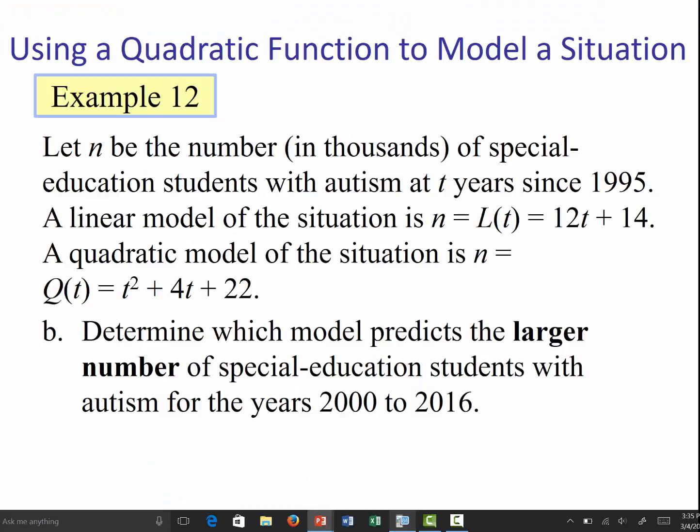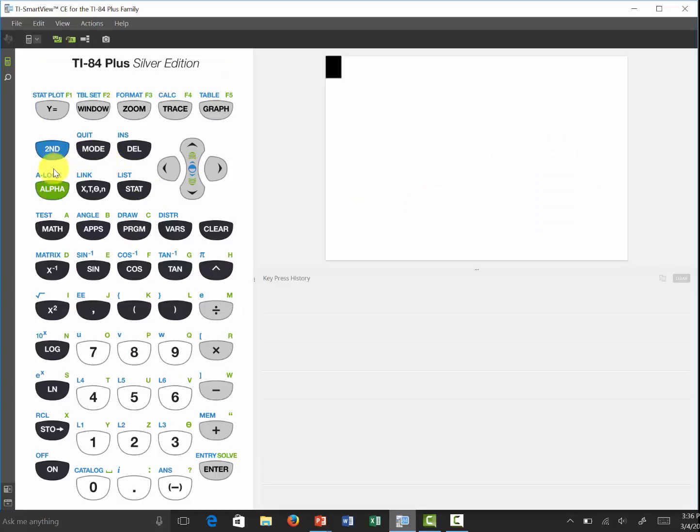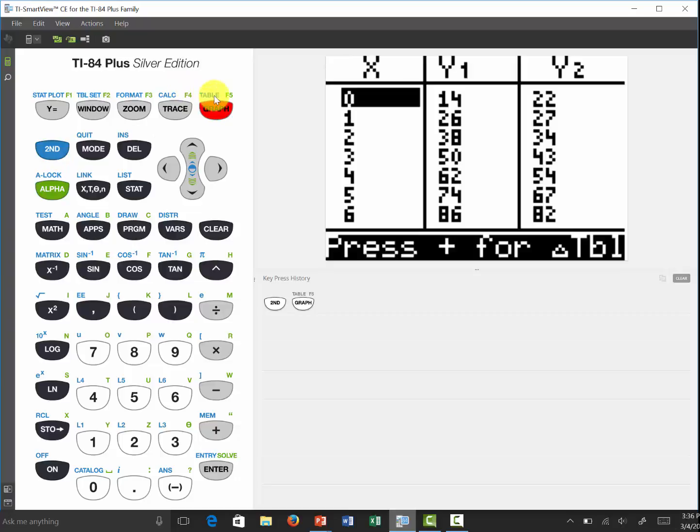Part B. Determine which model predicts the larger number of special education students with autism for the years 2000 to 2016. To answer this problem, we're going to use our table command. Second graph. We want the years for 2000 to 2016.